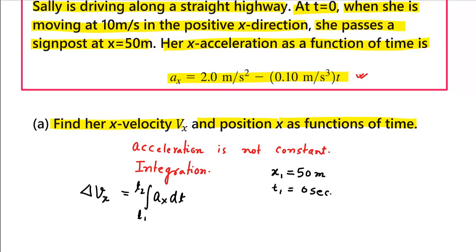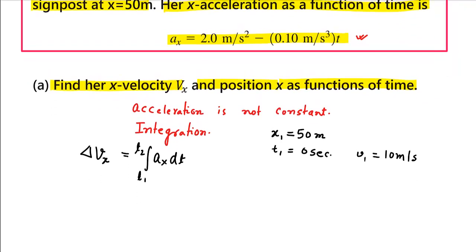The initial velocity is v1, that is 10 meter per second. We have to find, at any time t2, let's call it t, what is my velocity?